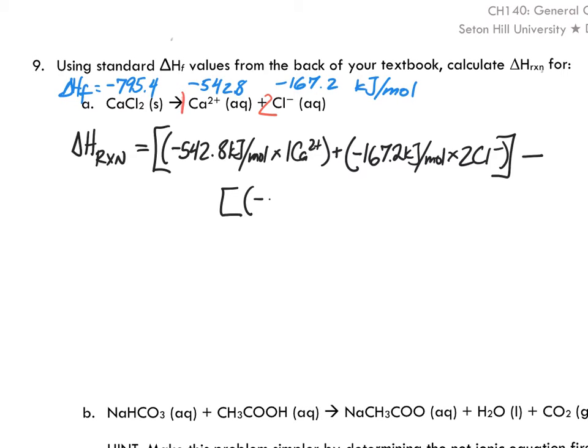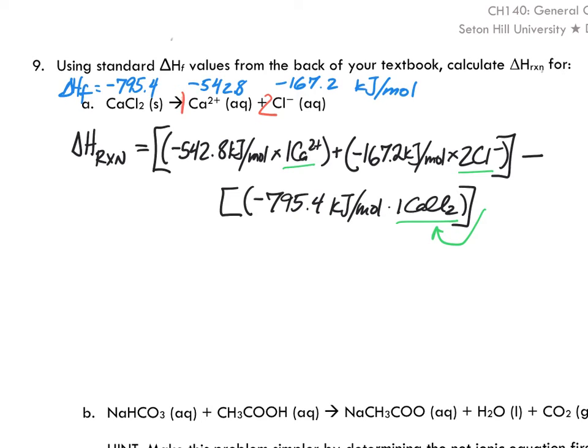There's only one reactant, negative 795.4 kilojoules per mole times 1 calcium chloride.